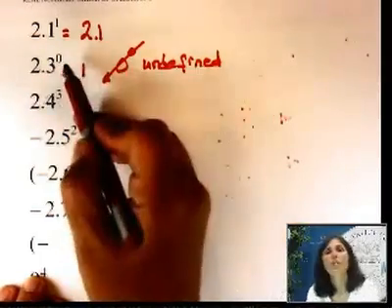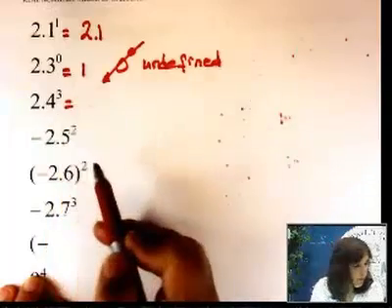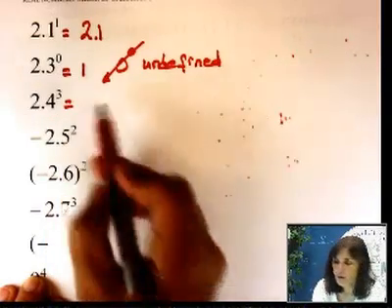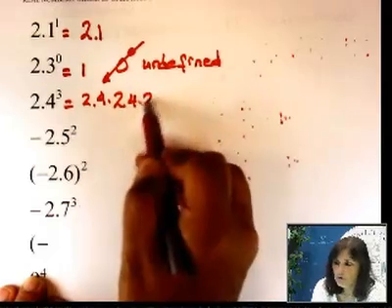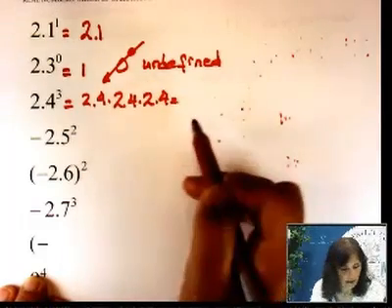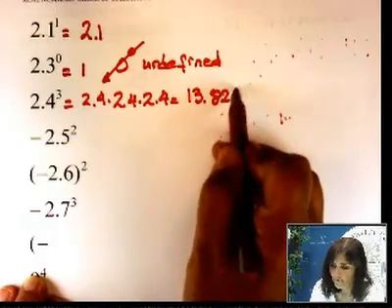But anything other than 0 to the 0th power is 1. 2.4 to the 3rd power is 2.4 times 2.4 times 2.4. You can actually do that in your calculator, and it is 13.824.